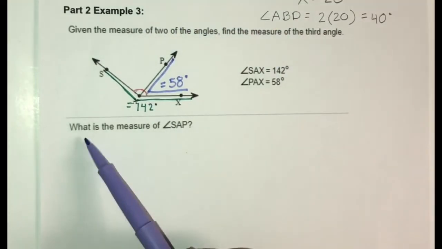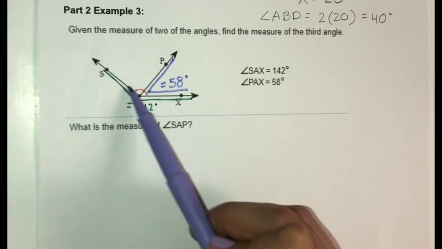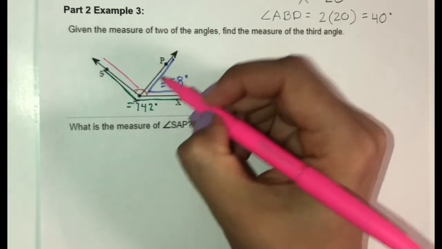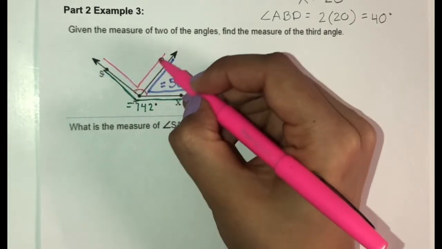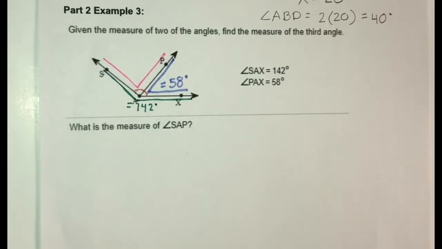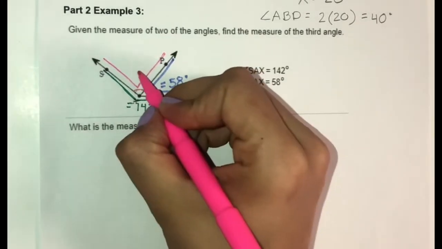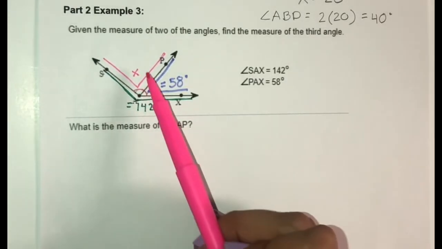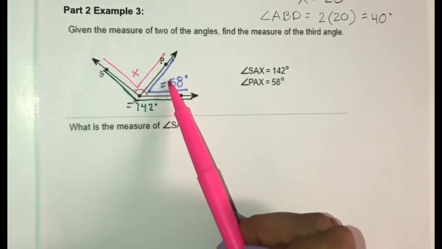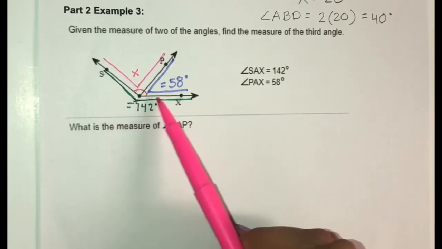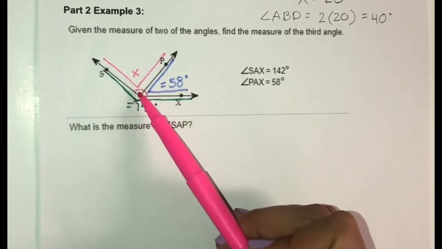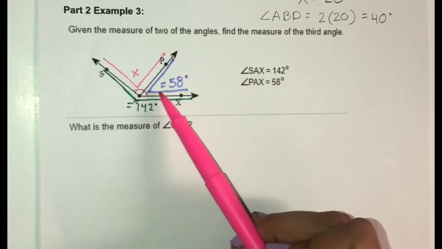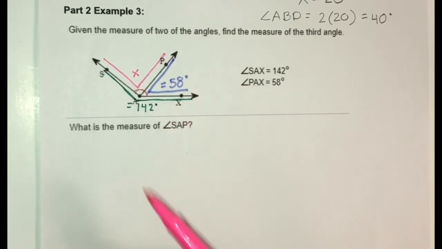It asks, what is the measure of angle SAP? So we're trying to find the measure of this angle. If we don't know the measure, we use a variable to represent it. I'm just going to pick x. We now know these two angles make up this big angle. So angle SAP plus angle PAX equals 142 degrees.